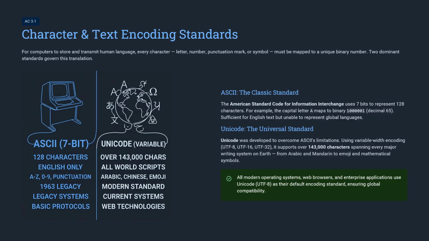ASCII is an old standard that supports 128 English characters, while Unicode is the modern standard that supports over 143,000 characters, including different languages and emojis. Today, most systems use Unicode because it provides better global compatibility.